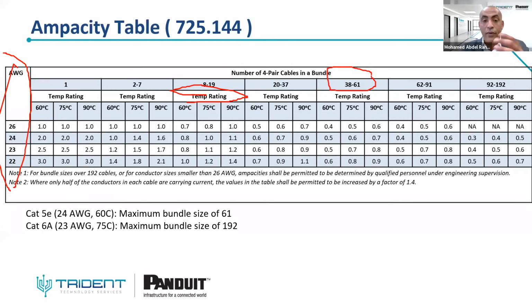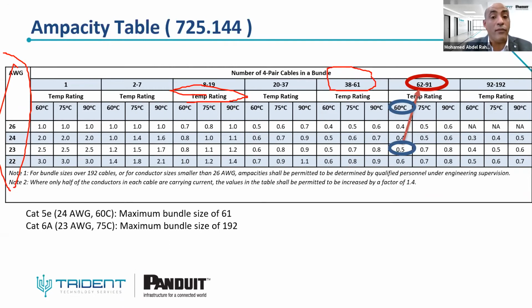For example, if you have 23 AWG, and the maximum current per conductor to support PoE++ Type 4, and the temperature rating is 60 degrees, the maximum operating temperature for the cable, then you can bundle 81 cables without exceeding the recommendations from most of the standards.